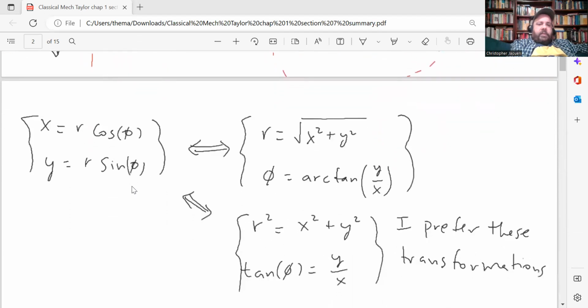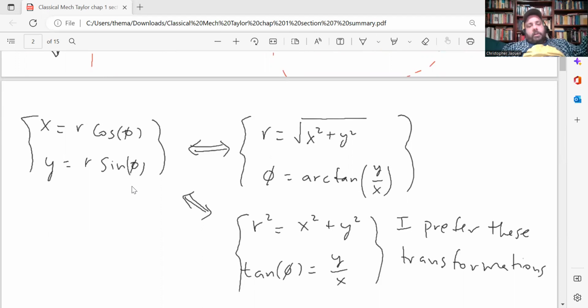All right, we can go back and forth between polar and Cartesian coordinates using some transformations, which we have written here. If you know the polar coordinates of a point r, phi, then you can figure out the equivalent Cartesian coordinates by using the first batch of formulas there. x is equal to r cosine phi and y is equal to r sine phi.